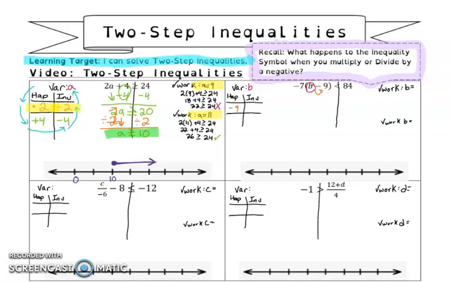And then the farthest thing that's happening is this times negative 7. So times negative 7. Remember to write that in parentheses. So then when we find our inverses, it's divide by negative 7 and then plus 9.